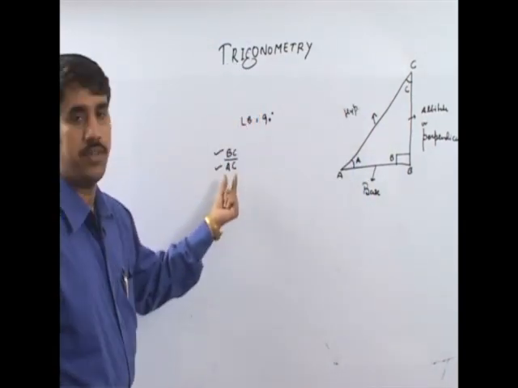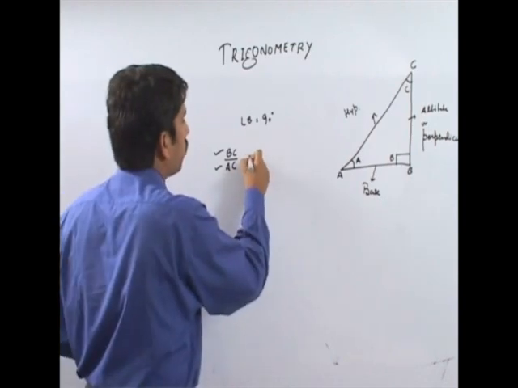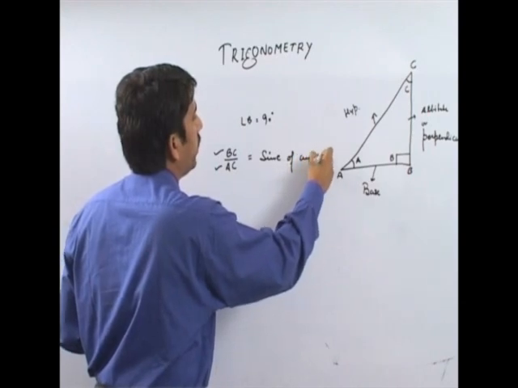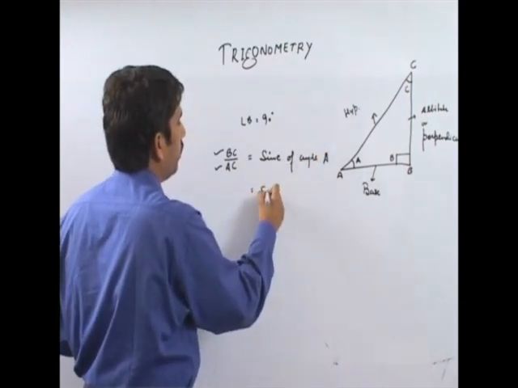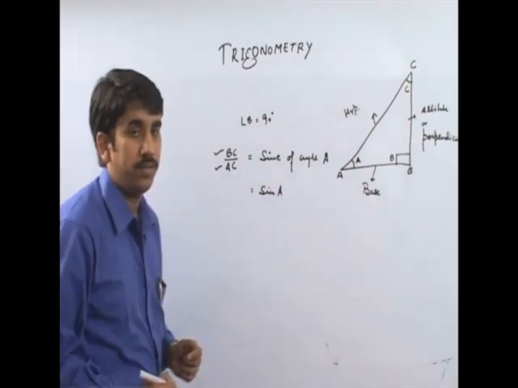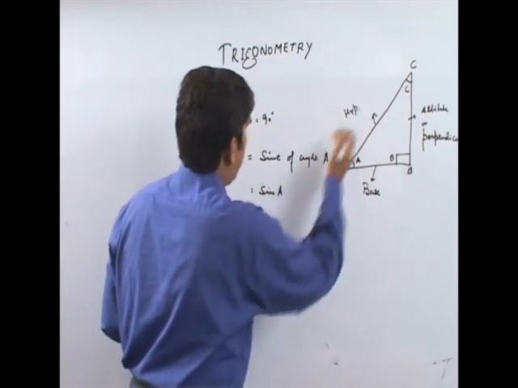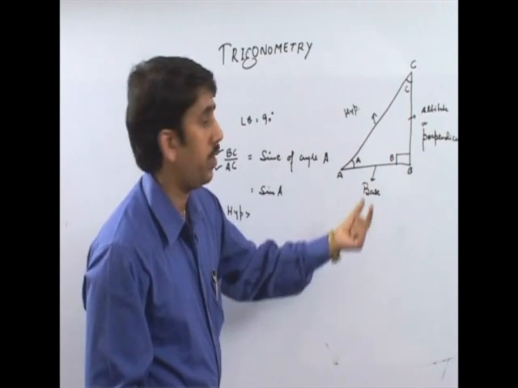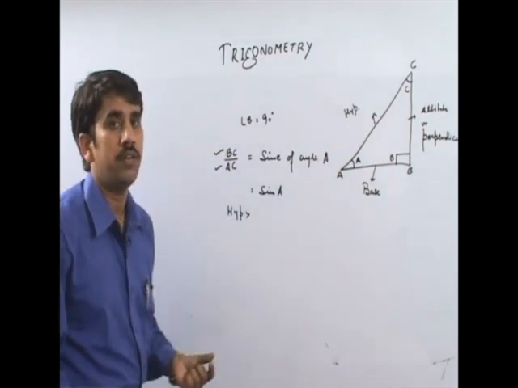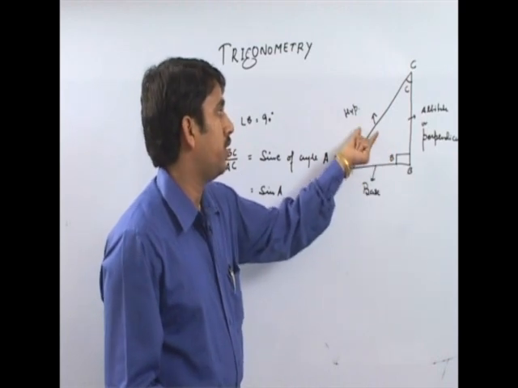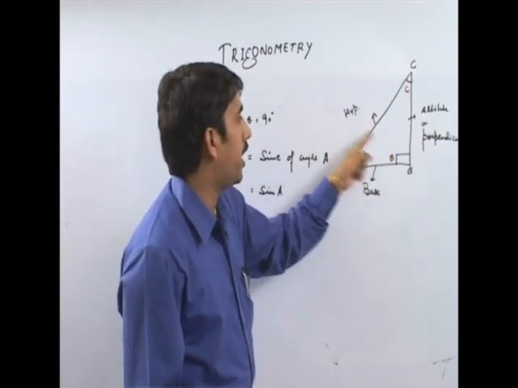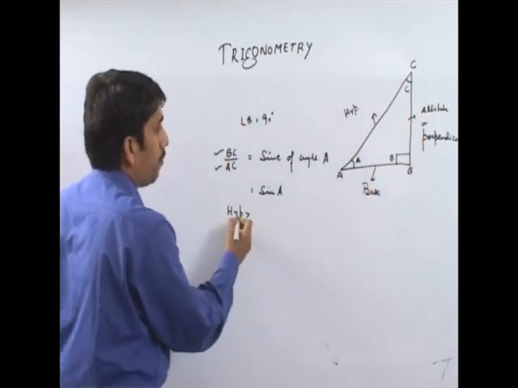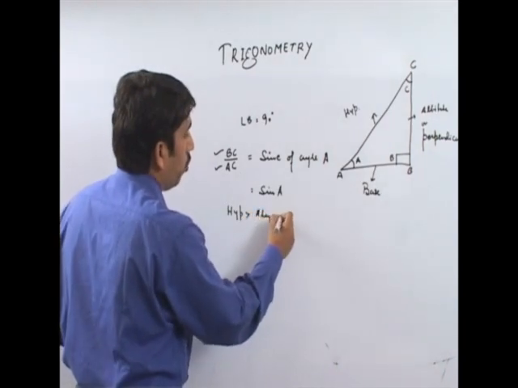Now if we take the ratio of BC and AC, this is called sine of angle A and is written as sin A. Hypotenuse is always greater than altitude or base, because in a right angle triangle the hypotenuse is the longest side.